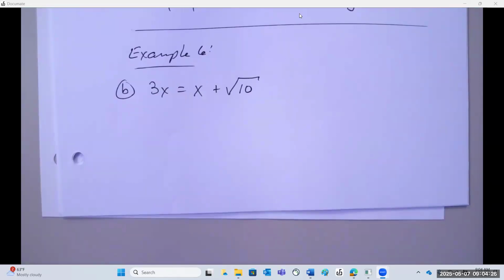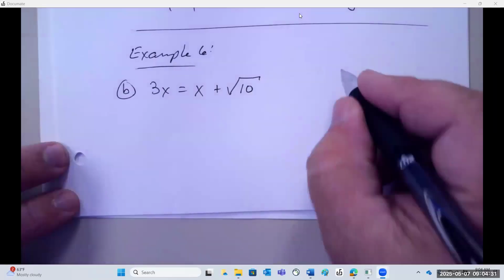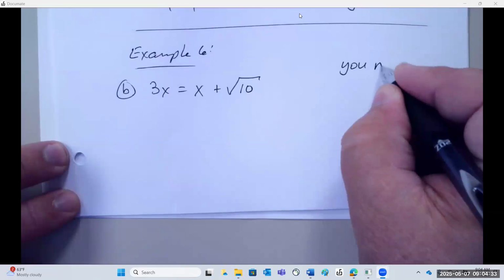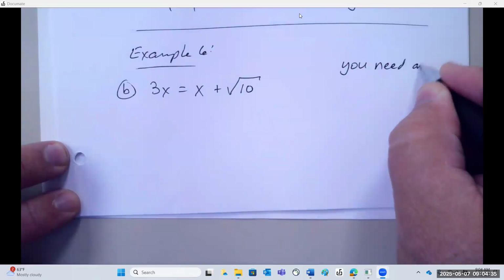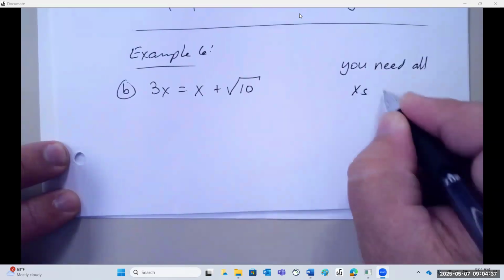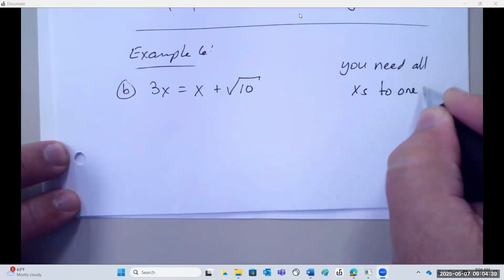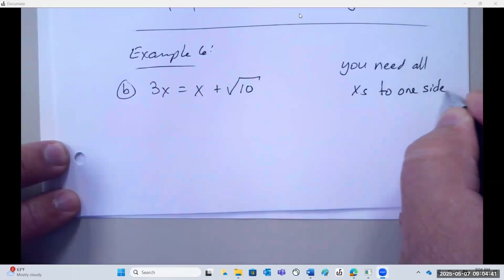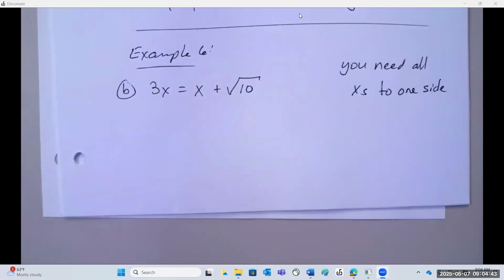It would be 1x, because all the x's on one side. X's are the important, so move that first.